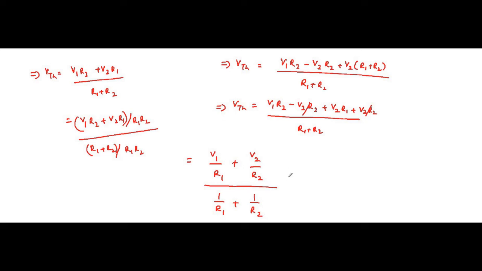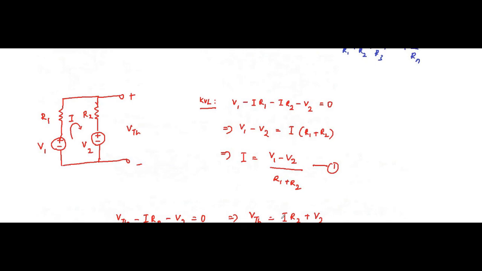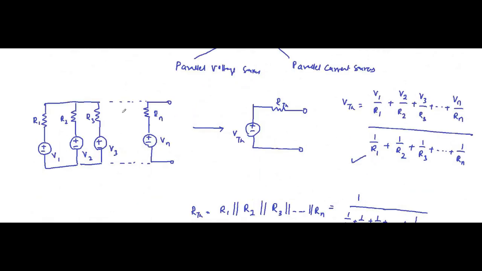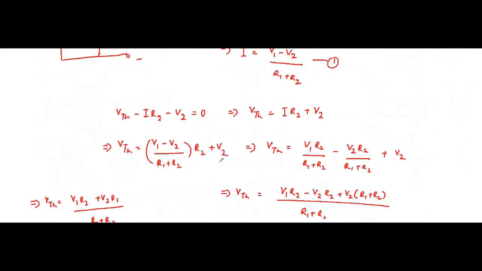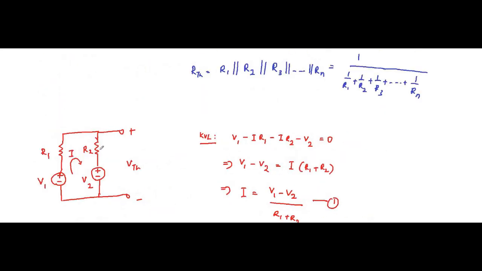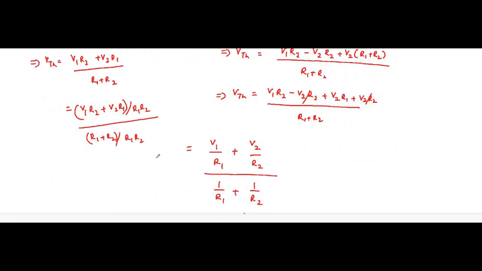As there are only two voltage sources and two resistances, that's why we got this result, which is this. Earlier, we considered n voltage sources and n resistors, and got this result. But here, to keep the number of equations less, we took only two voltage sources, two branches. So we have got this result, which is the value of VTH.